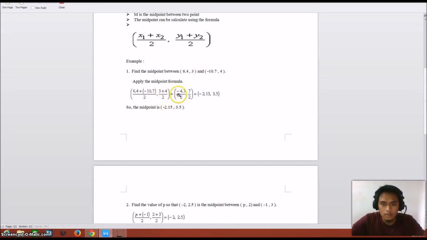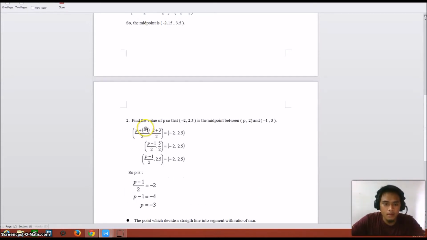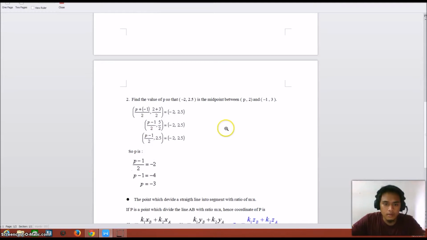We will get -4.3 divided by 2, 7 divided by 2, and we will get the midpoint is (-2.15, 3.5).